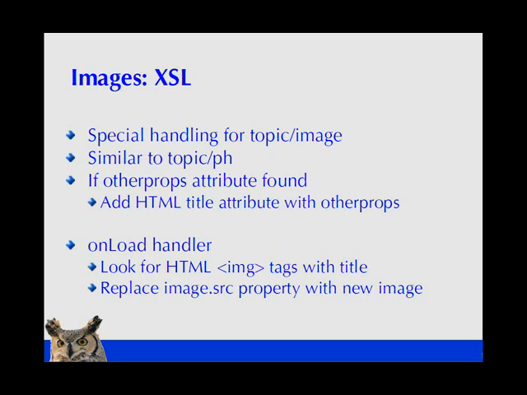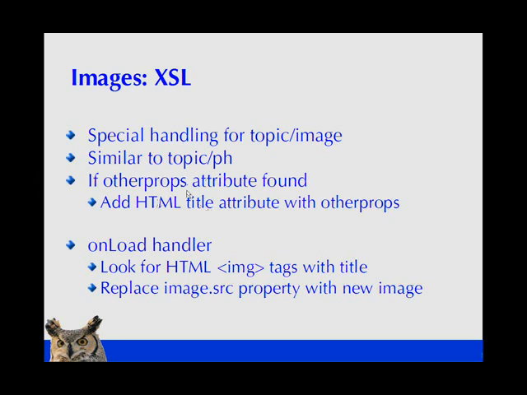And then what we would do is have an onload handler. And the reason why we'd want to do this from the onload handler rather than doing it just inline the way we did with the cover images is, if you think about it, you might actually have several occurrences of the same image. Say you're showing a key or an icon or something, you may have several occurrences of that.